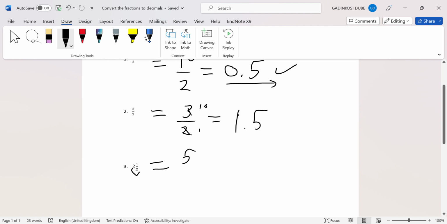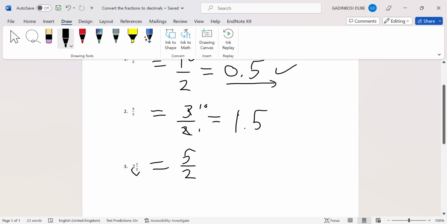So 5 over 2. That's a way of writing 2.5 as 5 over 2. You've converted it to an improper fraction by multiplying 2 by 2, which gives you 4, plus the 1, which is the numerator, gives you 5. 5 all over 2. That's how we got that.